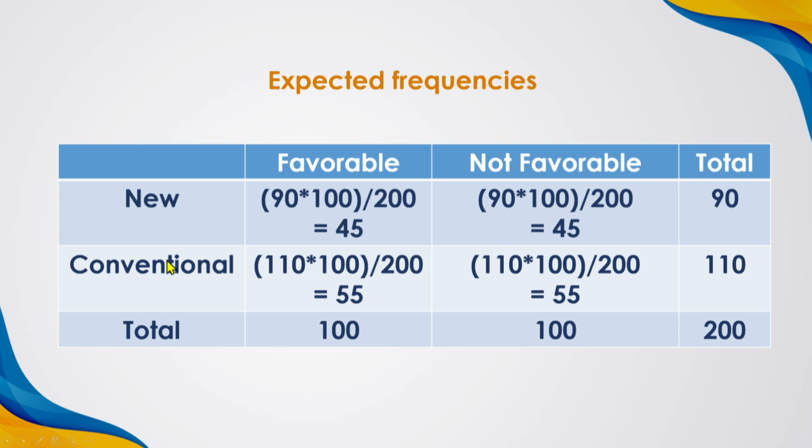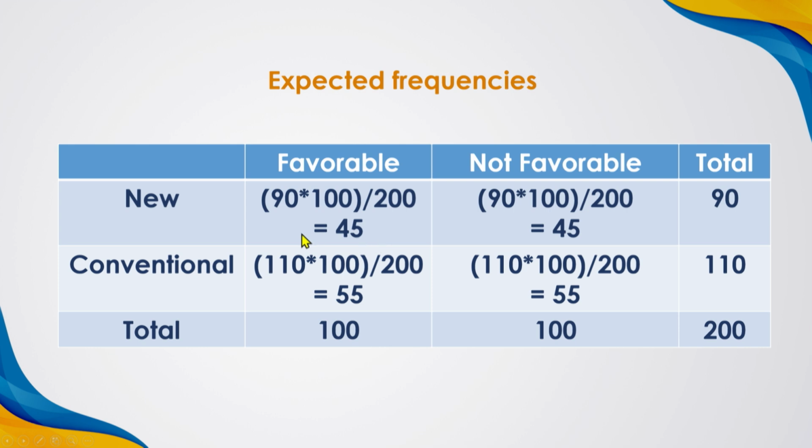Next, for the conventional part, E21, second row first column, 110 is the row total times 100 the column total divided by the grand total 200, giving 55. It means 55 persons are favorable with conventional treatment. Similarly, E22, second row second column, is calculated as 110 times 100 divided by 200, which is equivalent to 55.